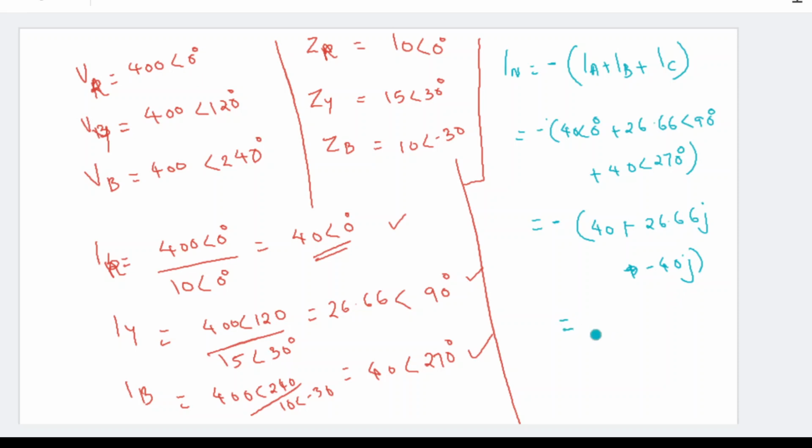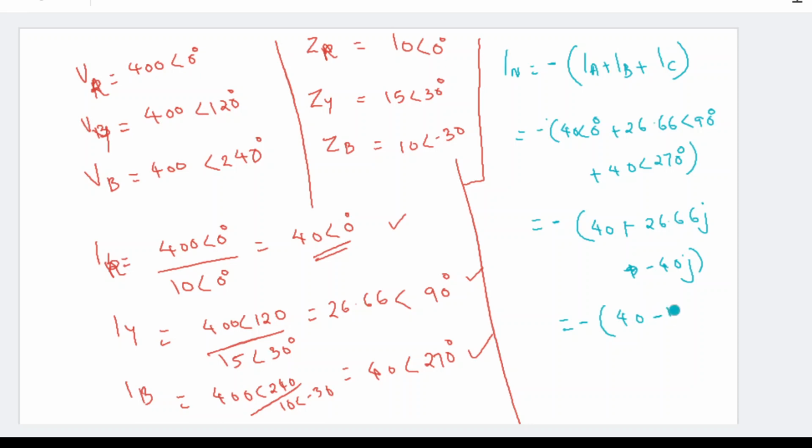So now you have to find it out. That is minus 40, plus 26.66 will give you minus 13.34.